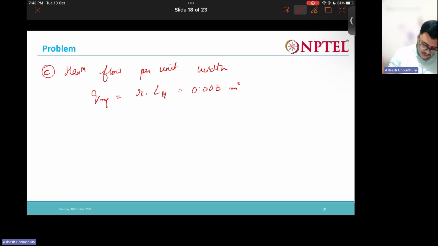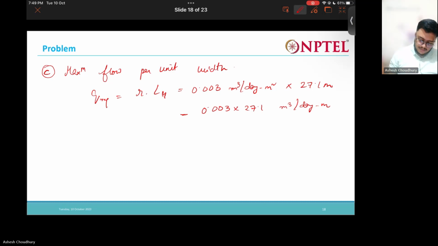0.003 meter cube per day per meter square into 27.1 meter. This will give us 0.003 into 27.1 meter cube per day per meter. Okay, per meter width.